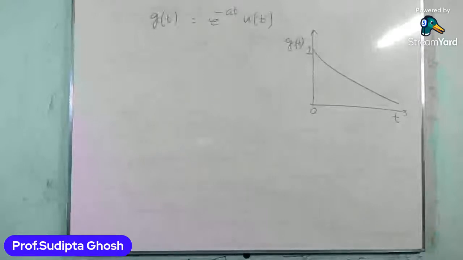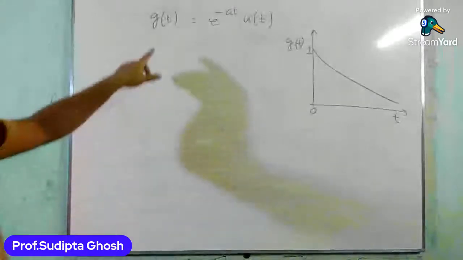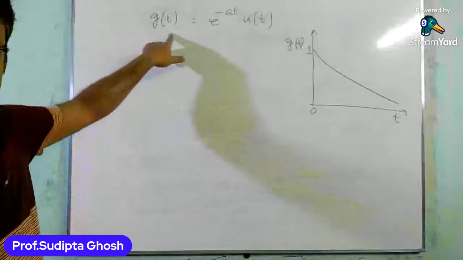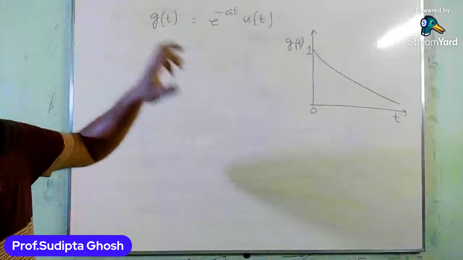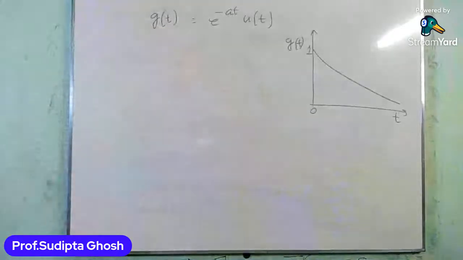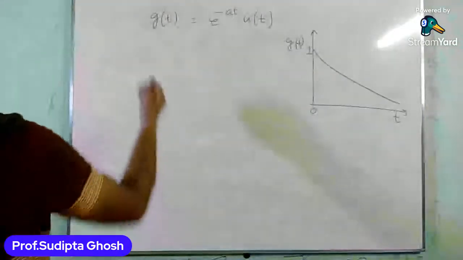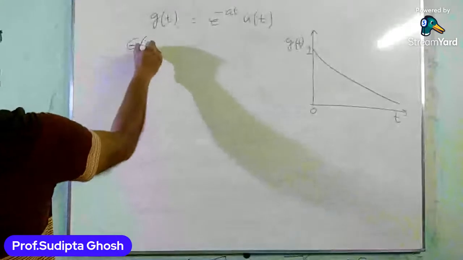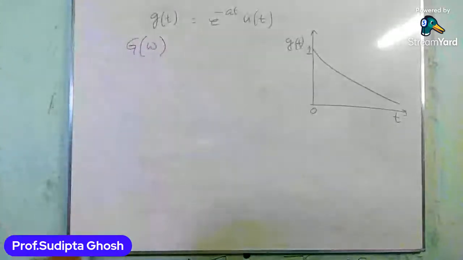Now, if the function is given in time domain, that is g(t), then we can write its Fourier transform as G(omega).